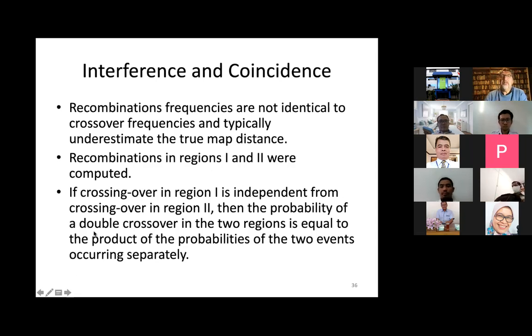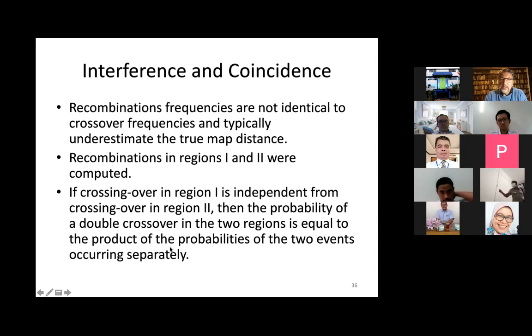So in this case, in our example, we computed recombinations in regions 1 and 2. And if crossing over in region 1 was independent from crossing over in region 2, then the probability of a double crossover in the 2 regions is equal to the product of the probabilities of the 2 events occurring separately.